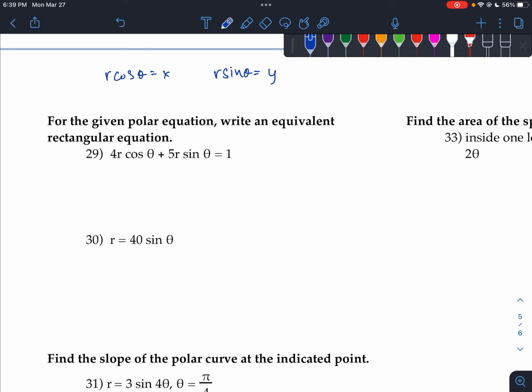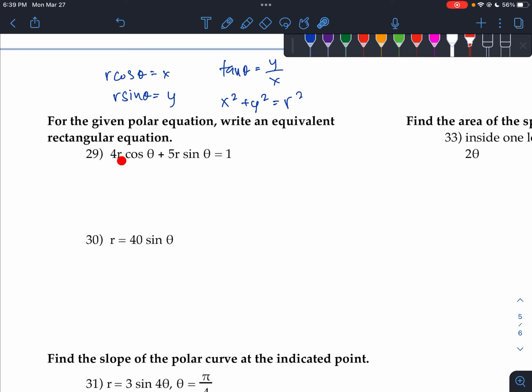We also said that tangent of theta is equal to y divided by x, and we said x squared plus y squared is equal to r squared. So here are some equations that help you convert from polar to rectangular.